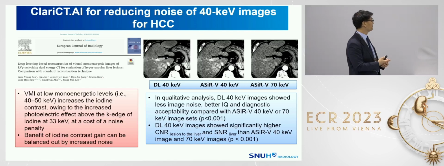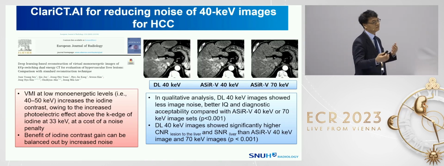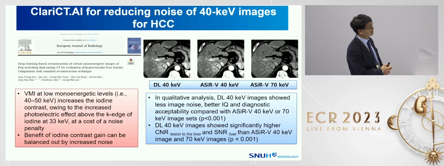So therefore, the benefits of iodine contrast gain can be balanced out by increased noise. So we thought that if we apply the ClariCT.AI algorithm to low keV images, we can have iodine gain and also noise reduction.